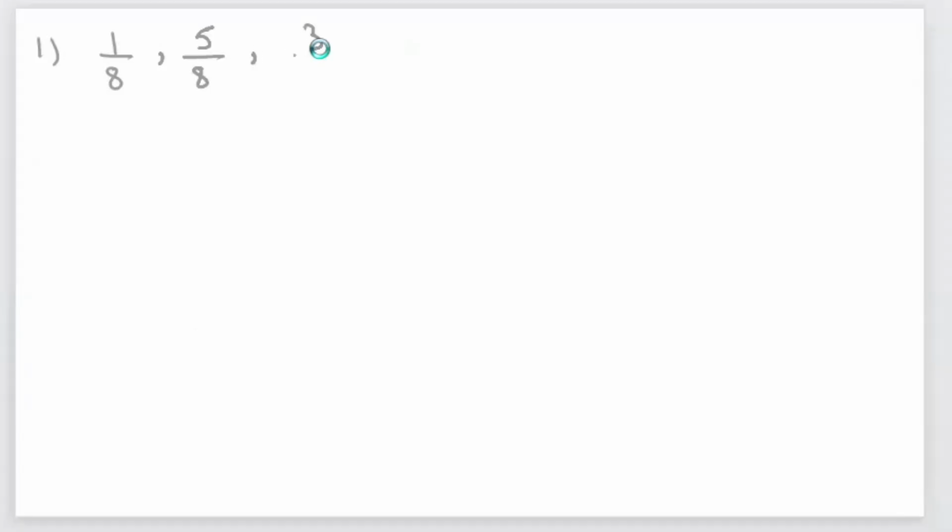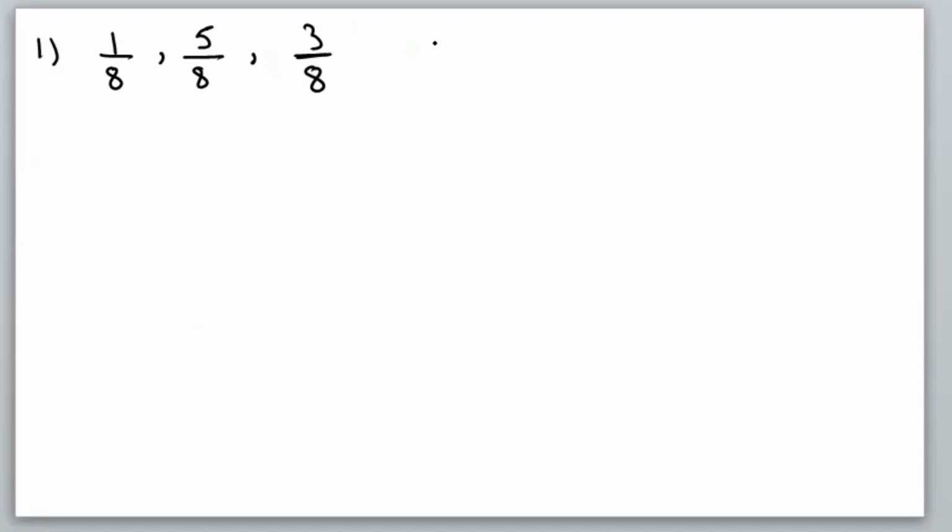Here comes the first question. Question number 1. 1 over 8, 5 over 8, 3 over 8. And it says we have to order smallest to greatest.